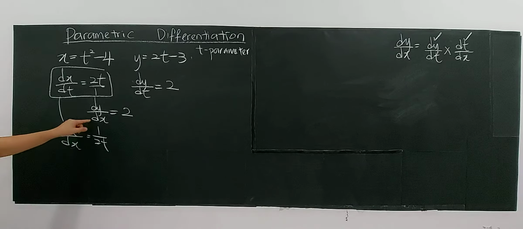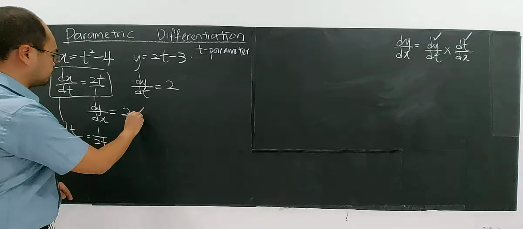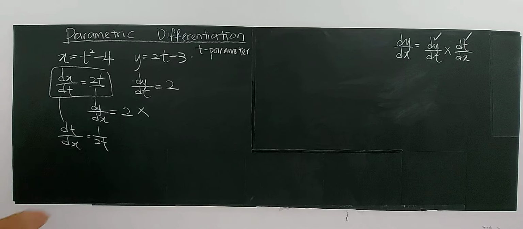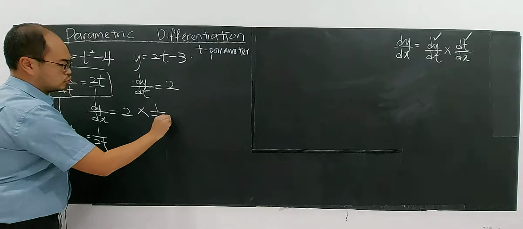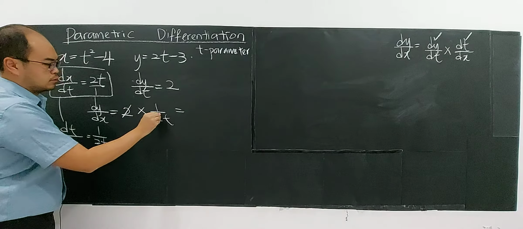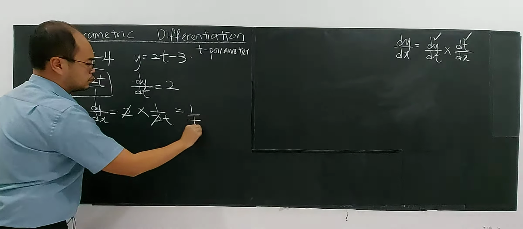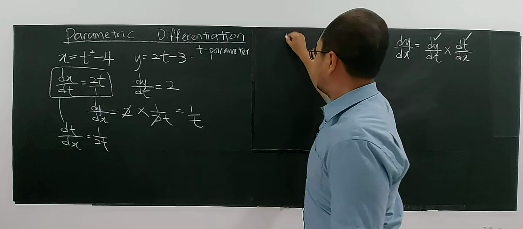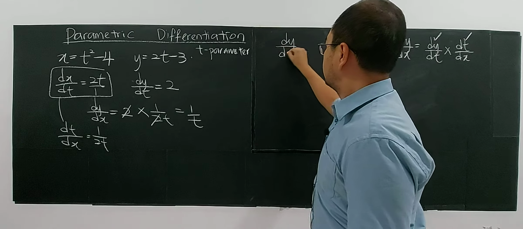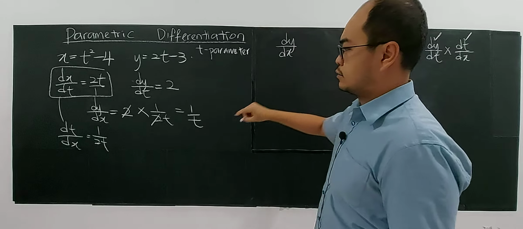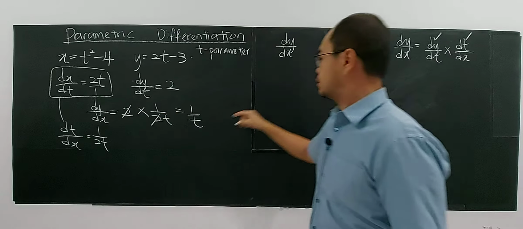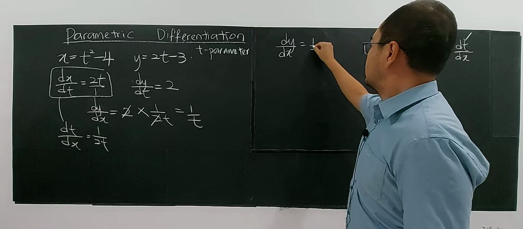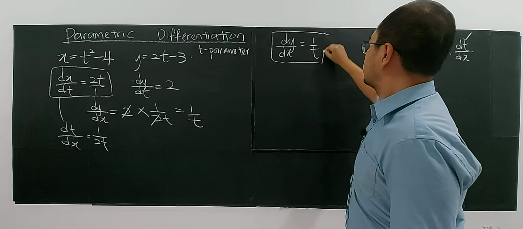So dy/dx is dy/dt multiplied with dt/dx, which is 1 over 2t. Finally, you have 1 over t. So in this case, your dy/dx is 1 over t.